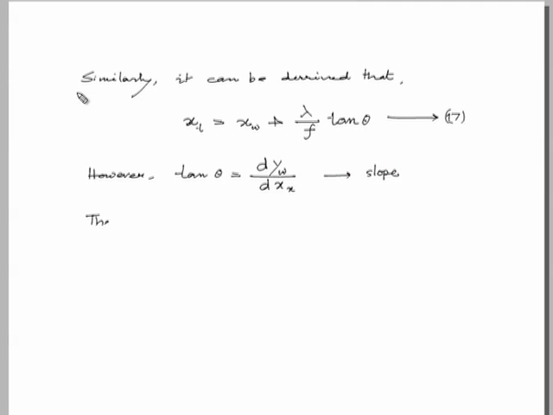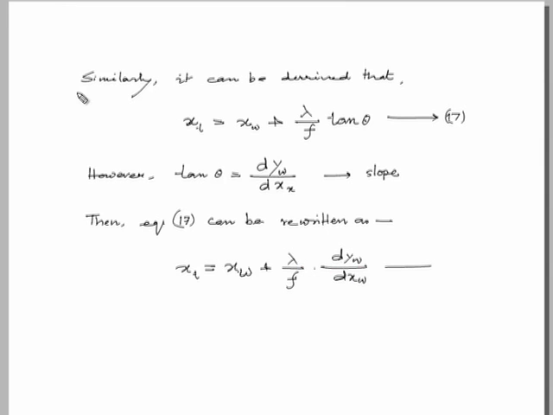Then using this concept, equation 17 can be rewritten as x t equal to x w plus sigma by f into d phi w by dx w. Let us call this equation 18.